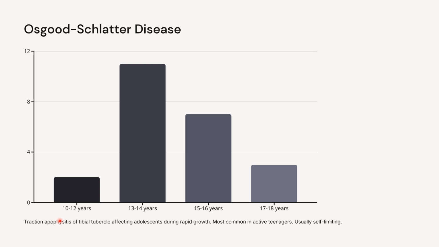When the tendons attached to the apophysis result in excessive pulling of the apophysis such that it undergoes inflammation, that is known as Osgood-Schlatter disease. The apophysis of many bones can undergo inflammation. When the apophysis of the tibial bone is inflamed, it is known as Osgood-Schlatter disease.